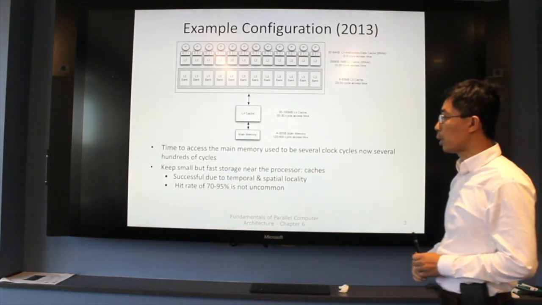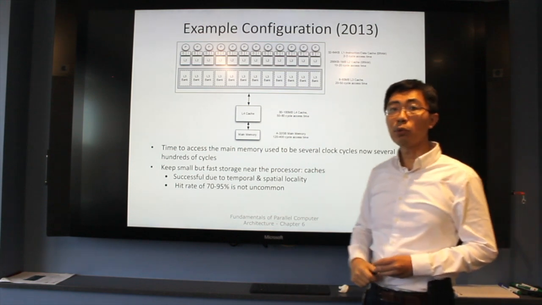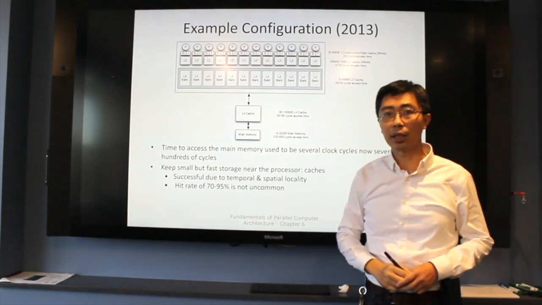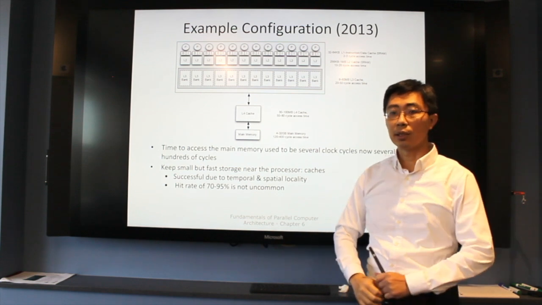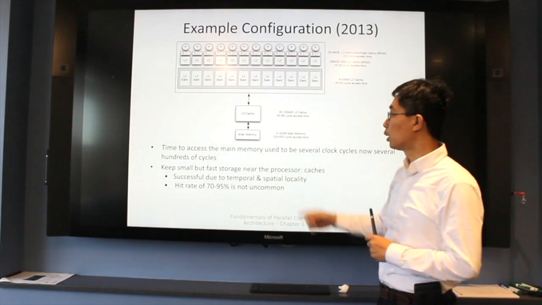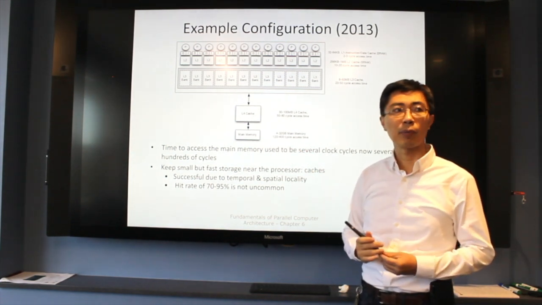Okay, so why is memory organized this way? The reason for this is the time to access the main memory. Anytime the processor needs some data, if it misses and needs to read it from the main memory, it takes a few hundred clock cycles. Obviously that's too long.